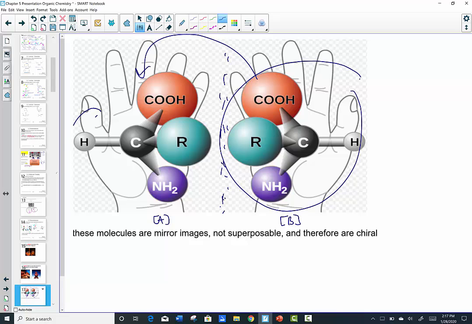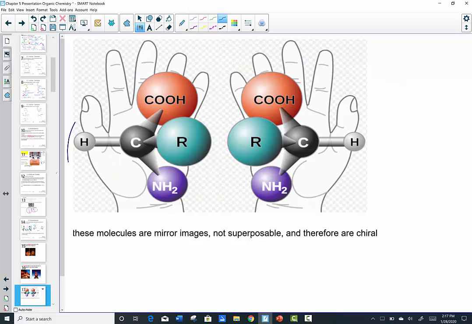Clearly, you would notice that the R's and the H's end up on opposite sides, non-superimposable mirror images. And you can prove it yourself just by labeling the priority. Are they spinning the same direction? At this point, since we have just a general R, we could label them in terms of priority arbitrarily.